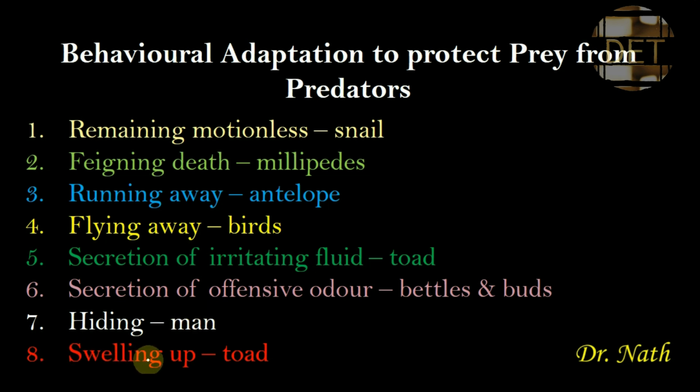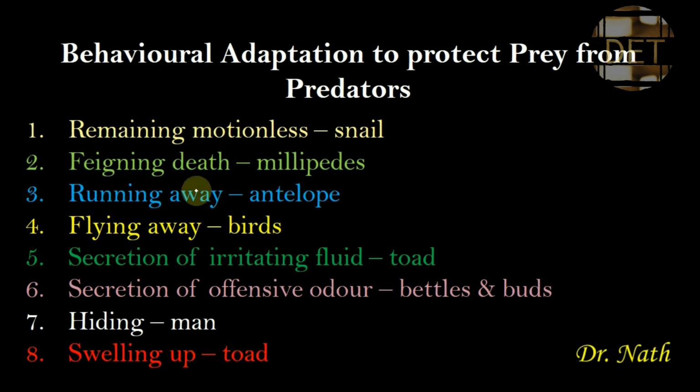Then we have swelling up, and this is seen in toad. For instance, if a snake wants to swallow a toad, it will swell up. Swelling up will make it too big for the snake to swallow. So swelling up is a behavioral adaptation that protects the toad from its predators.